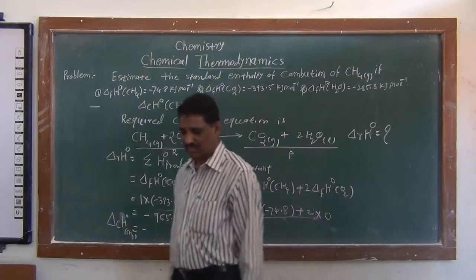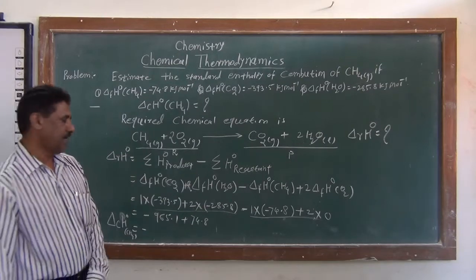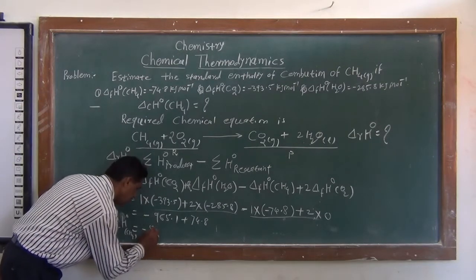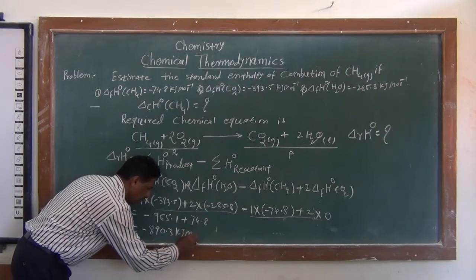After the subtraction we get the answer minus 890.3 kilojoules per mole.